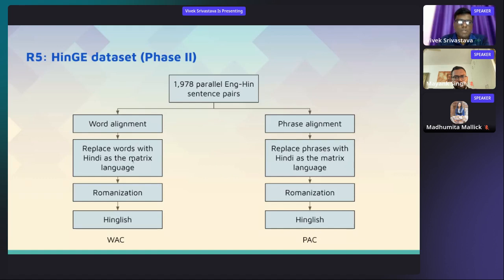Then you replace words like we have seen in R4, and we use Hindi as the matrix language. We do the romanization, and the corresponding sentences are added to the dataset. The second algorithm differs from the first one in using phrase alignment as compared to word alignment, and we replace phrases in the English sentence with the phrase in the Hindi sentence and do the romanization. So these are the 2 algorithms, WAC and PAC, that we wrote at that time.